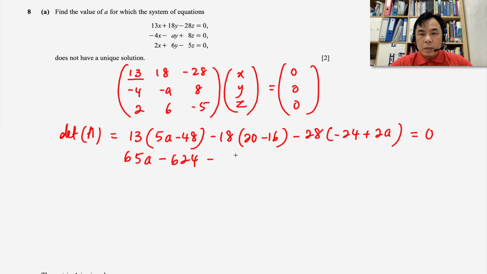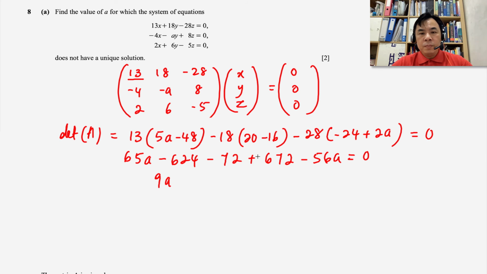And then after that, this one is easy here, 72. And then after that, I will have a larger number here, 28 by 24. So I will have 672 here. And then finally 56a is equal to 0. By simplifying all this, I will have 9a, of course. And then finally, just let me check through this in case I made a mistake.